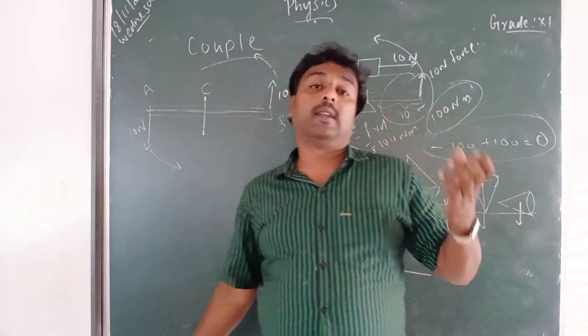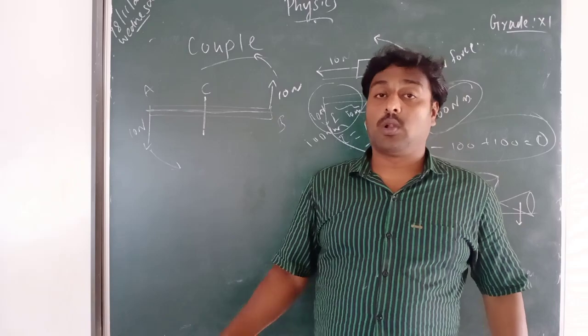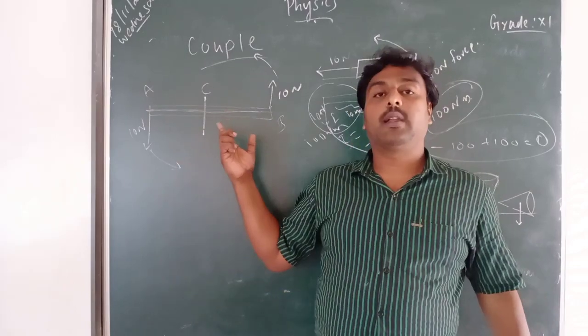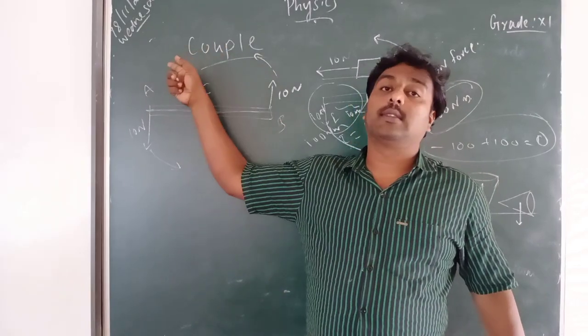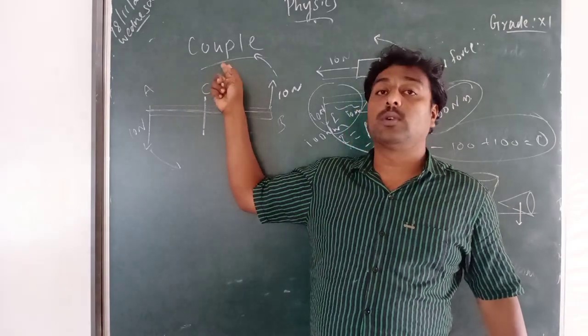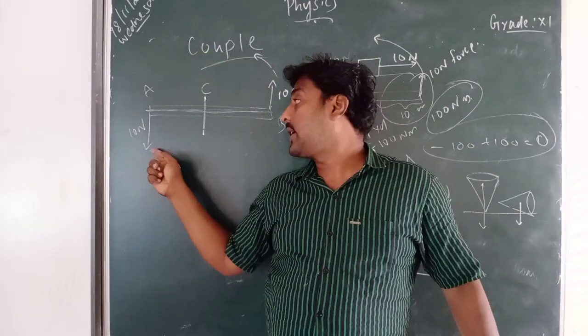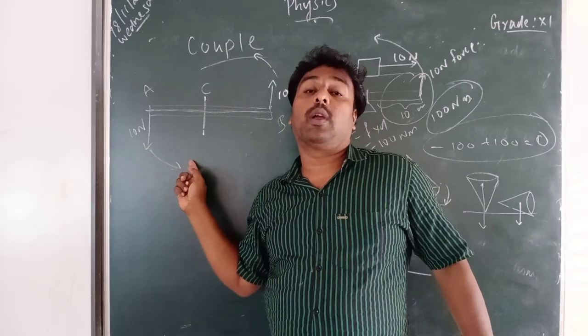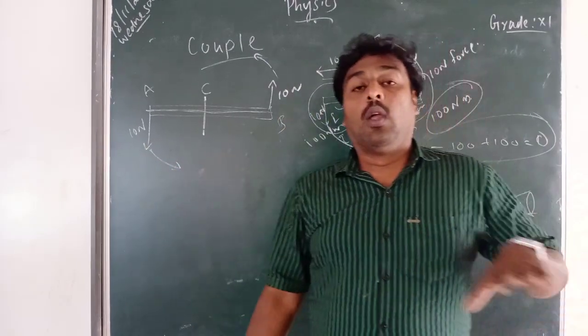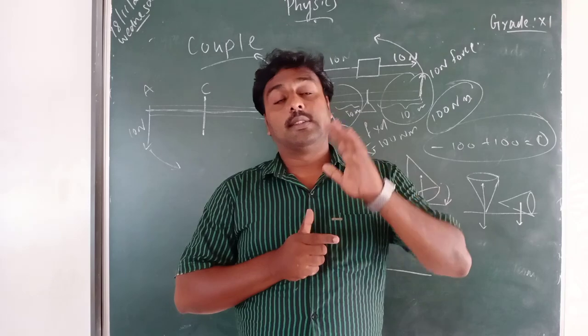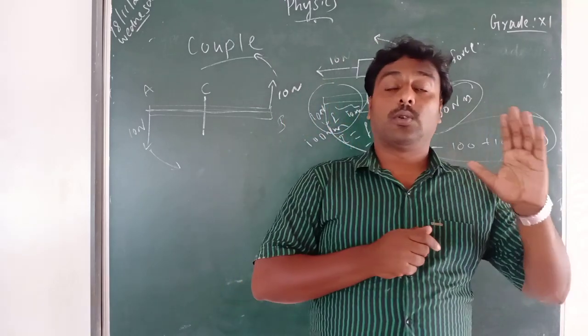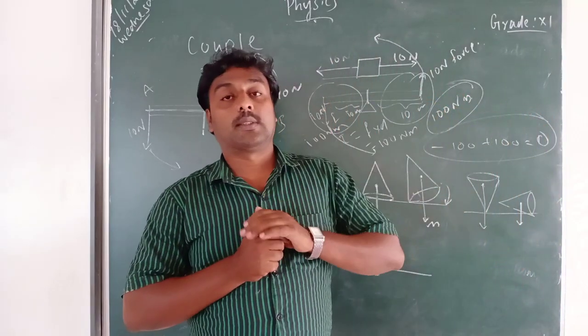Let us find whether it is in rotational equilibrium. The force at B produces a turning effect in the anti-clockwise direction, and the moment of the force at point A also produces a turning effect in the anti-clockwise direction. So we can tell that it is in rotational equilibrium.